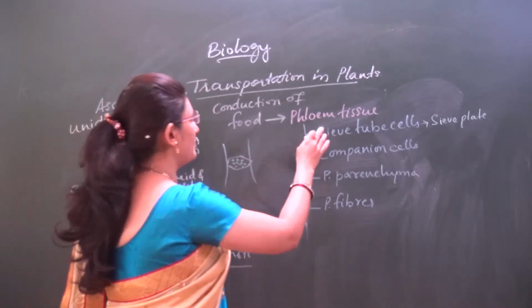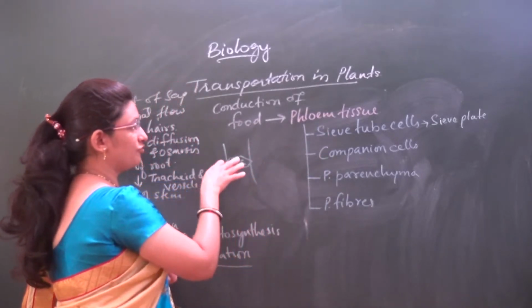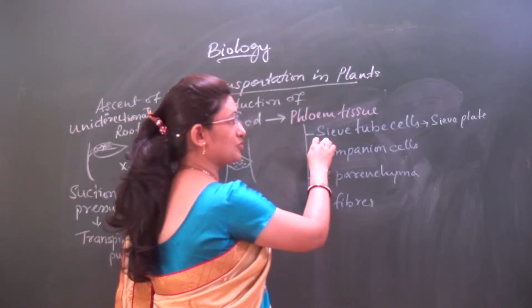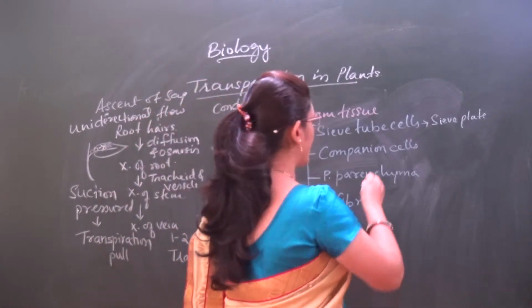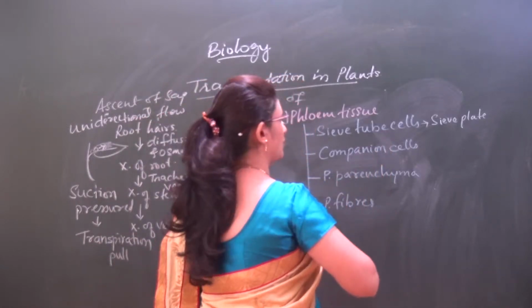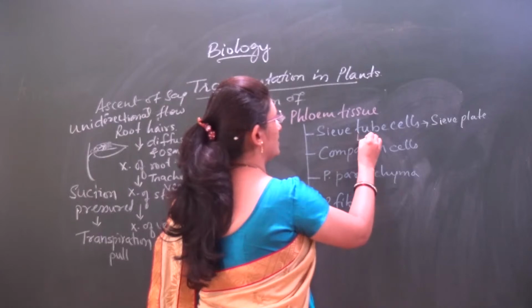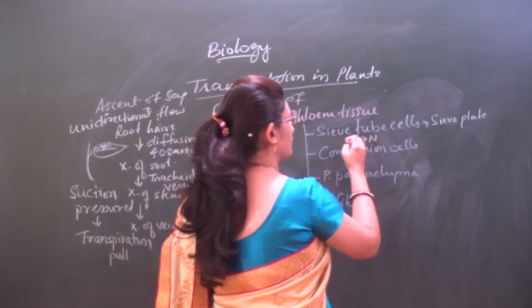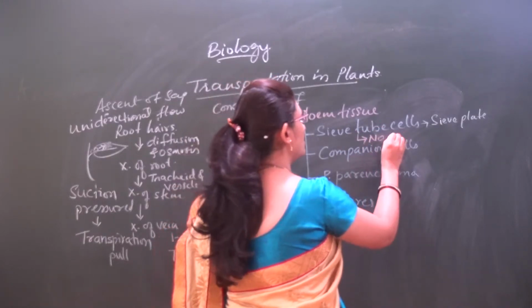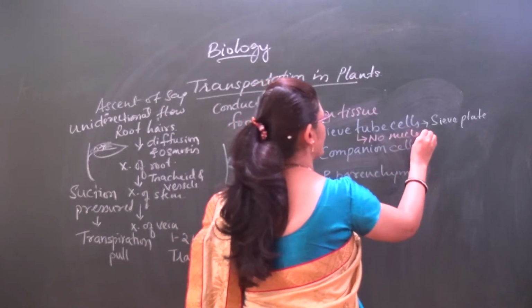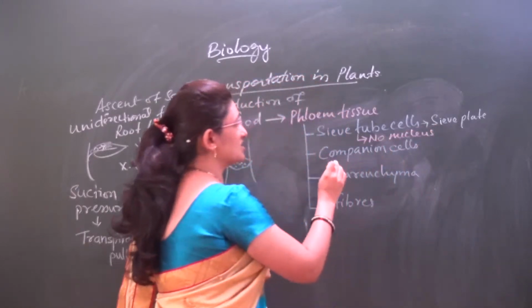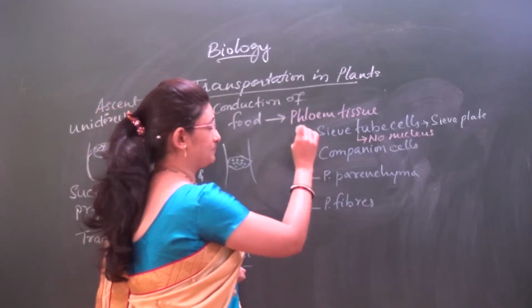Now, they help in transportation of the food. These sieve tube cells lack the nucleus. They do not have a nucleus in them. So some of the process may be interrupted in between.